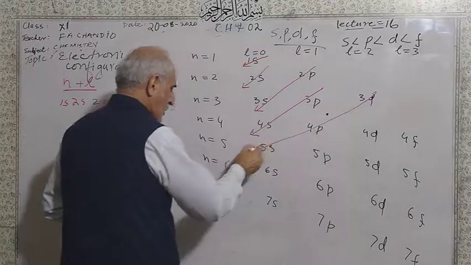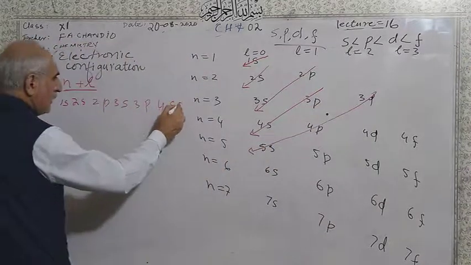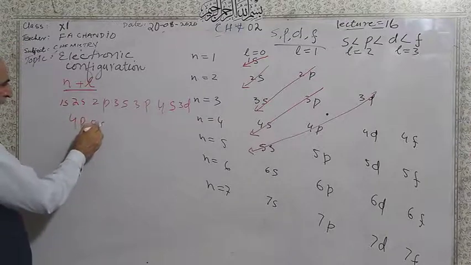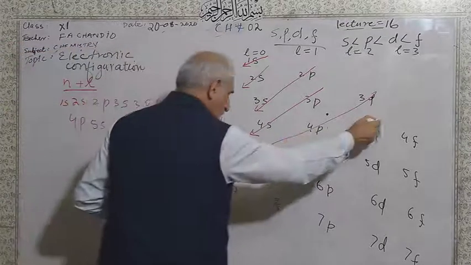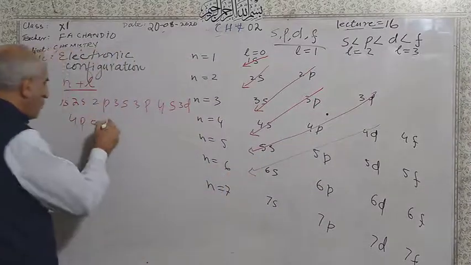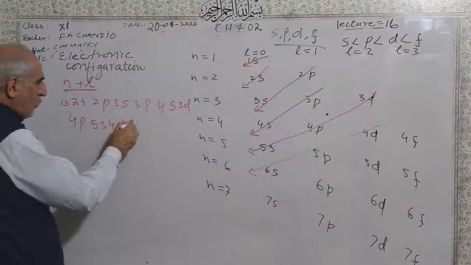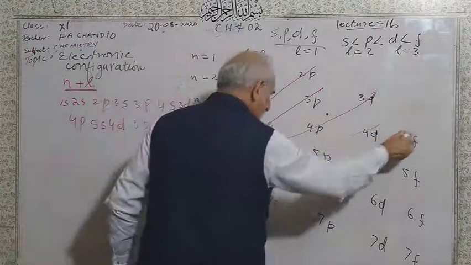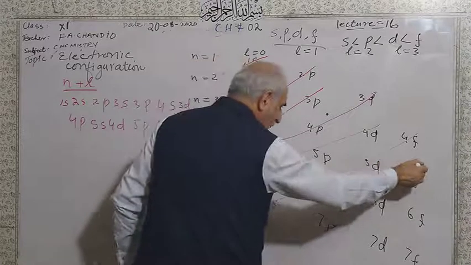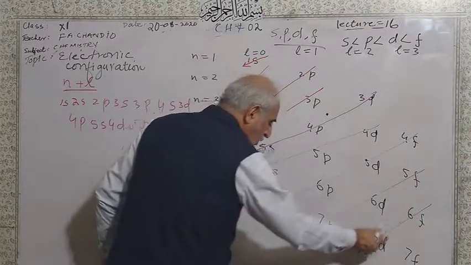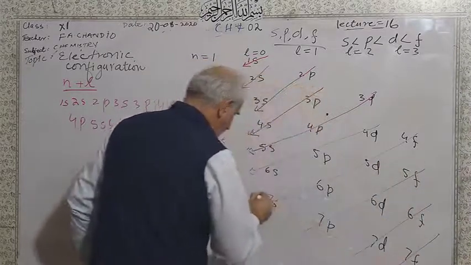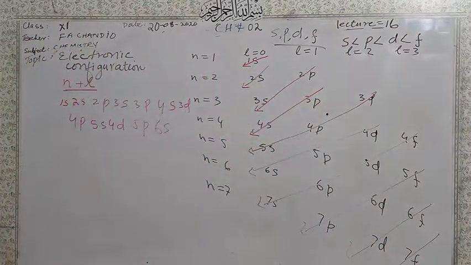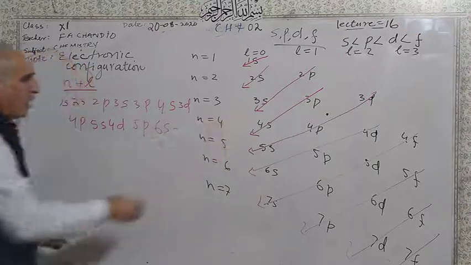Then 3d, 4p and 5s. Like this. Then 4d, 5p, 6s. Like this one. You can write like this. This is so on and so forth.